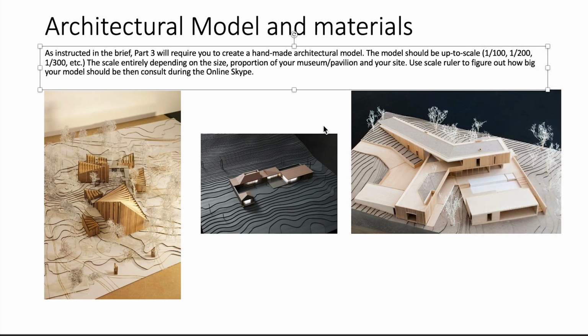So prior to determining what scale your building is, you must have a solid design idea of how your museum and pavilion look. Then use your scale ruler to figure out how big your model will be, because you also have to make the surrounding site as well.